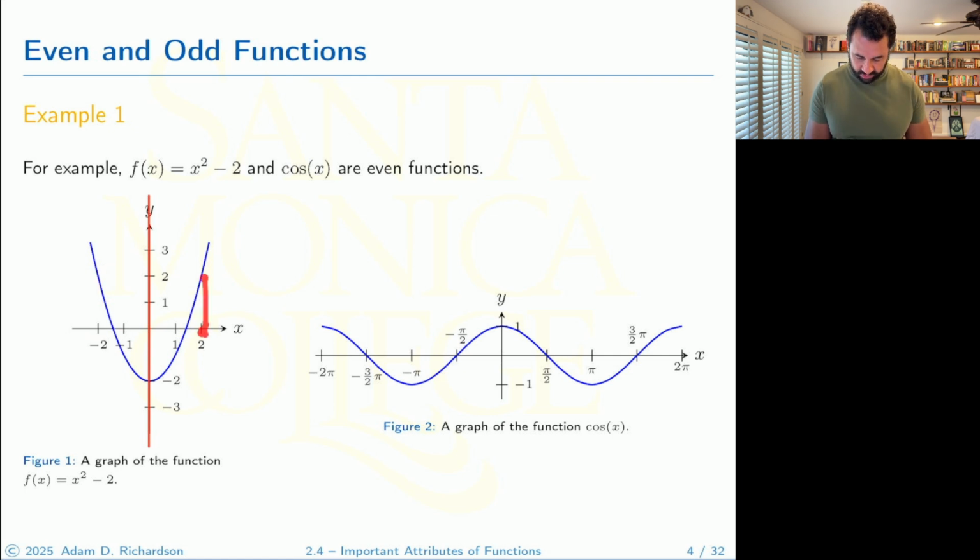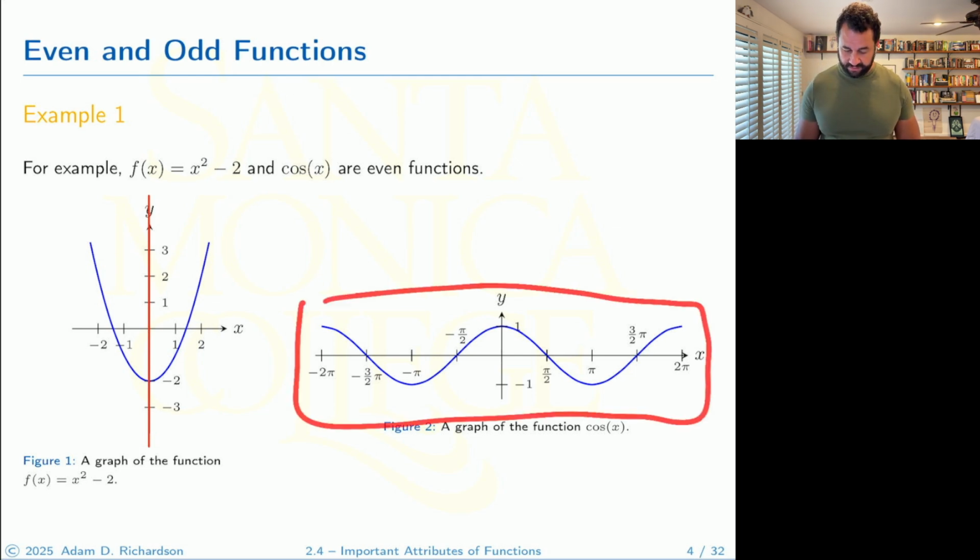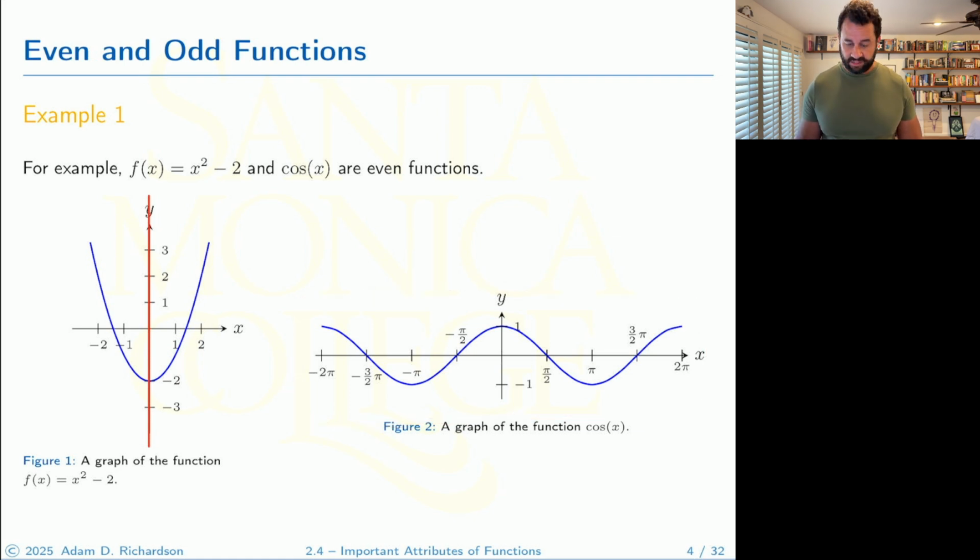And if you plug in 2, you're going to get 2. So there's that horizontal symmetry. Over here, this is a graph of the cosine function, and it exhibits that same symmetry. So let me move this line over here. And here again, if you look, this side of the graph looks the same as this side of the graph. So you've got that horizontal symmetry again, right?